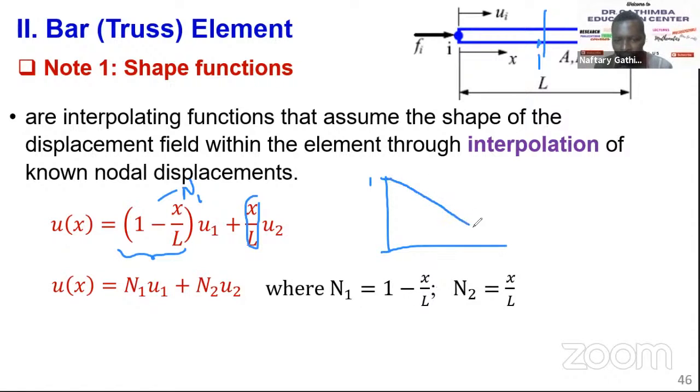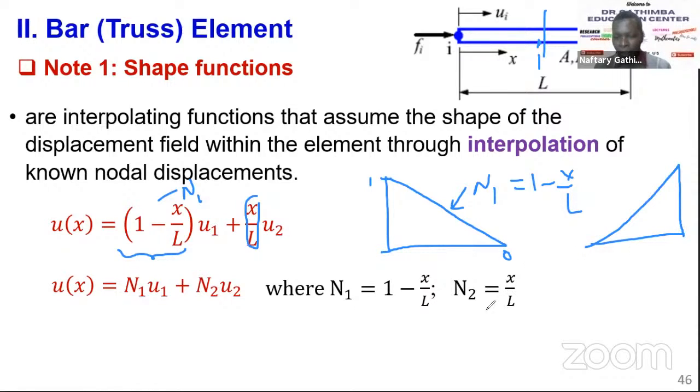And we know it is a linear variation. So this is 0. So the shape function N1 is equal to 1 minus x over L. This is the shape of the shape function N1, and again the shape function of N2.